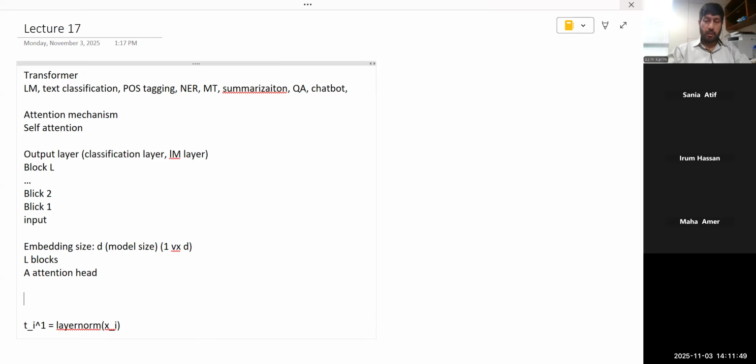So for example, if we talk about the transformer that was proposed in 2017, I don't exactly remember, but in that case, for example, a was 8. So there were 8 attention heads in each block, and the total number of blocks I think was 12. I'm not too sure.